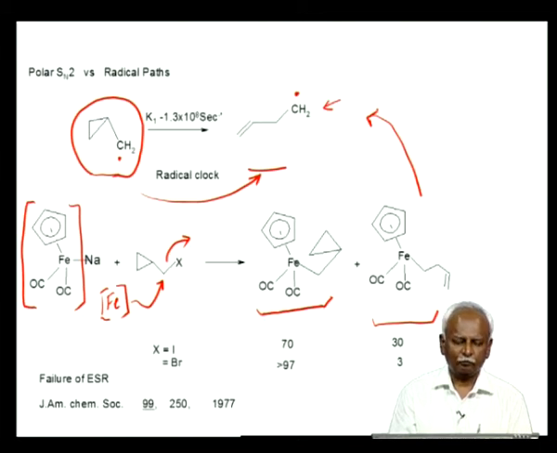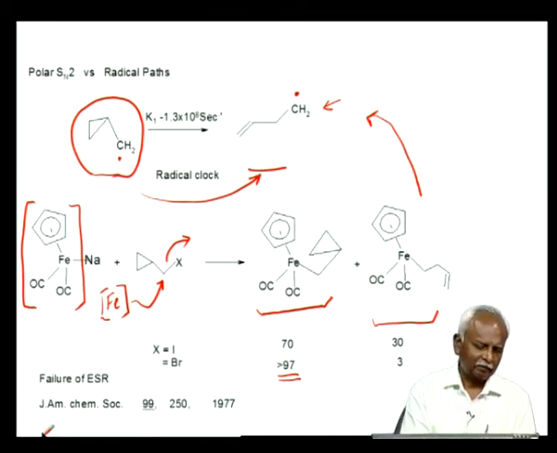On the other hand, if one used the bromo compound, surprisingly, it resulted in greater than 97% of the nucleophilic substitution product, which is a simple nucleophilic substitution on the cyclopropyl carbonyl halide, and exactly what we have pictured here has happened.